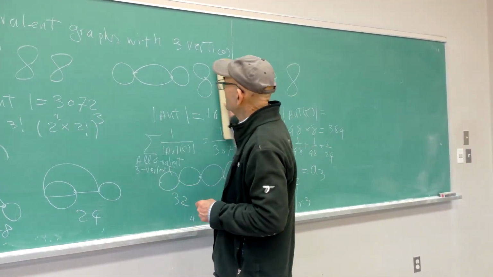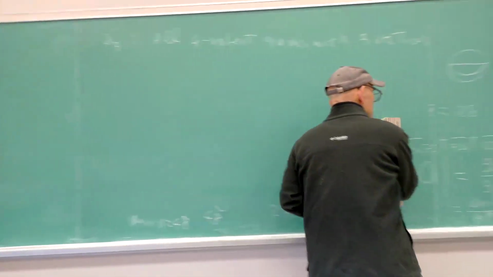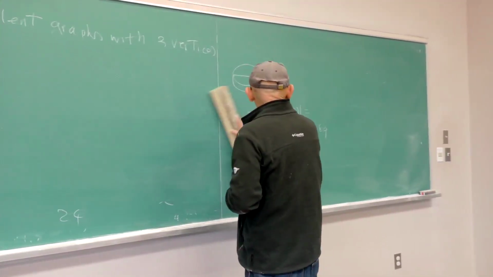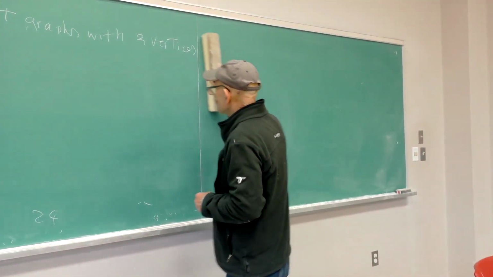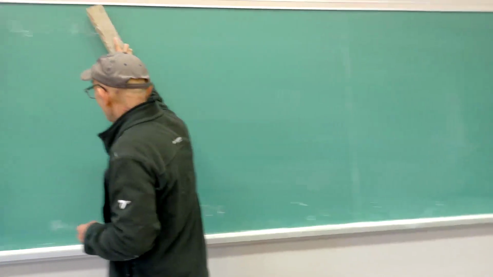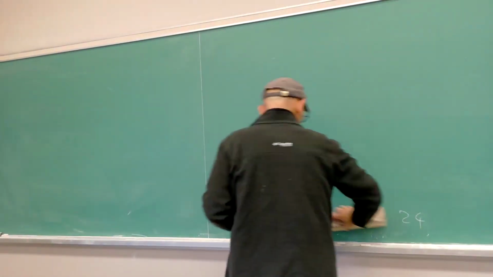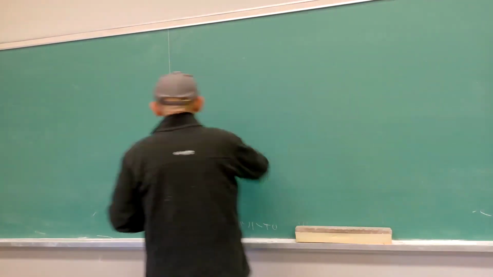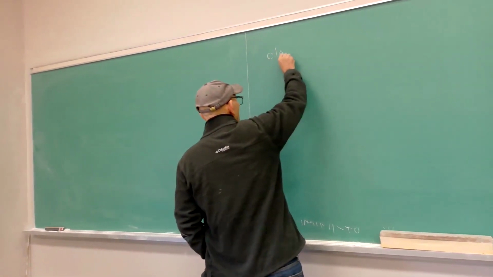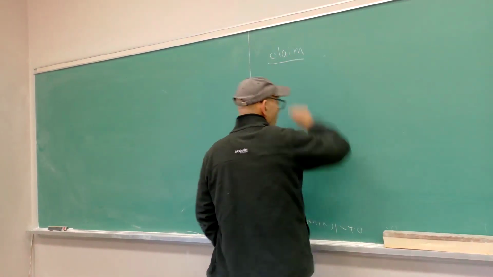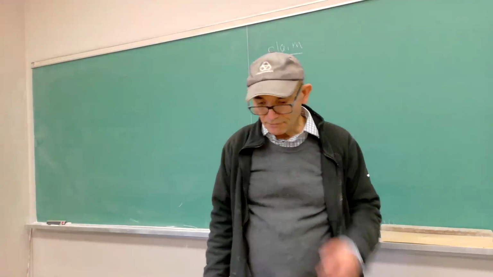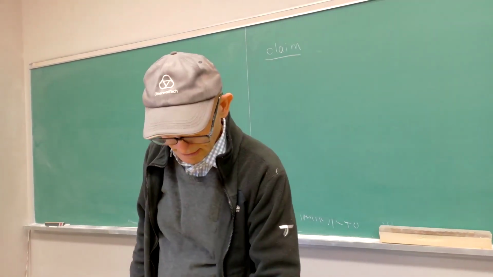Okay. So what we want to do now is to show that there is a claim. Again, this is not a famous result, but we have to understand what it means really.